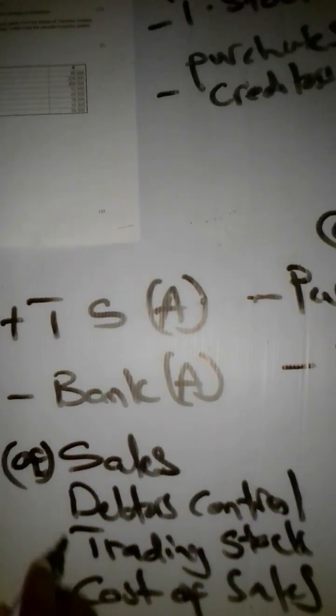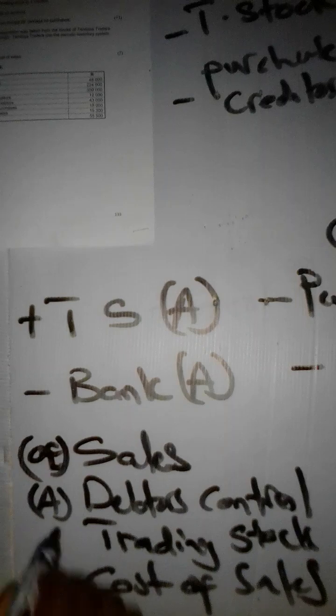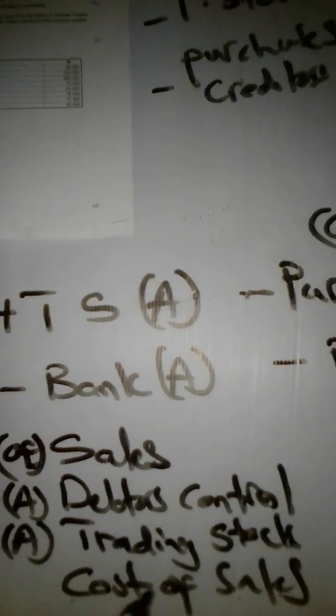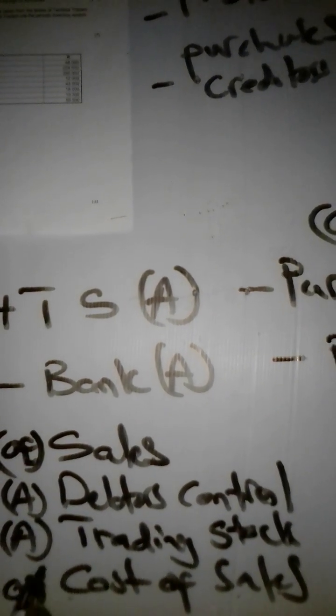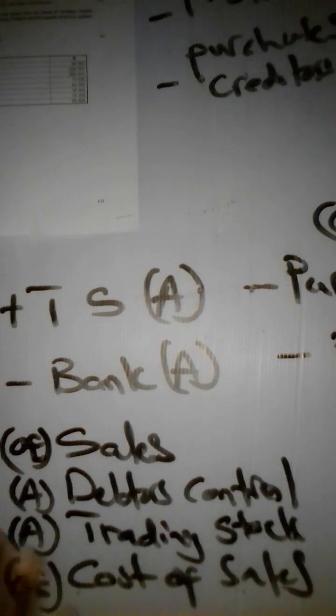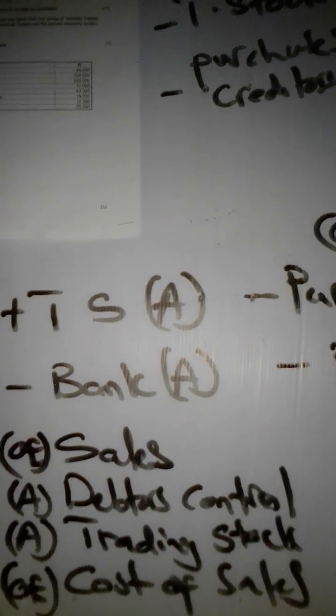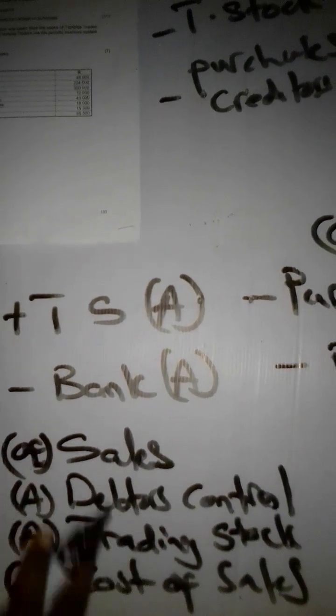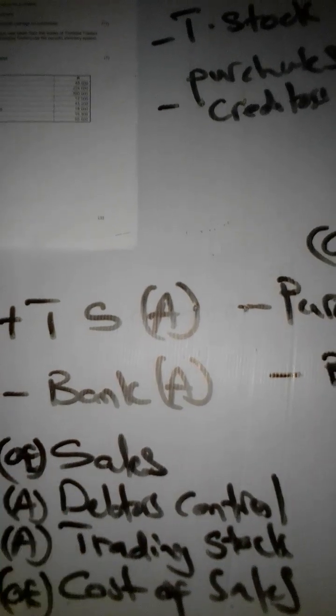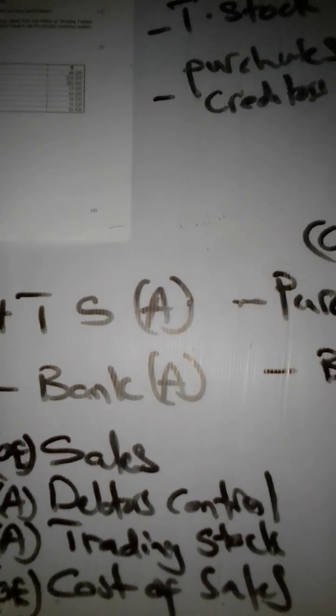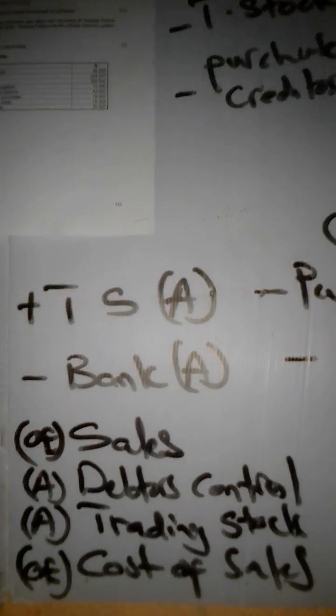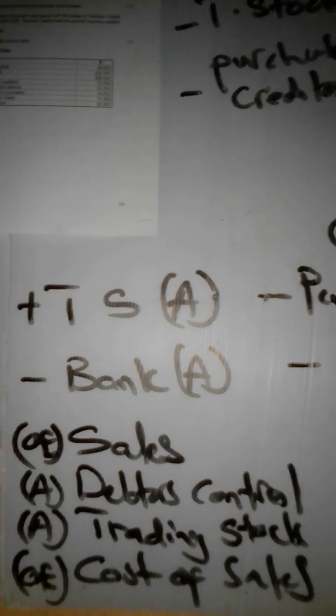Debtors are assets. Trading stock is an asset. The cost of sales is also owner's equity. So under the perpetual inventory system, we are going to record sales, debtors control, trading stock, and cost of sales. But on the periodic inventory system, we are simply going to record the sales and the debtors control.